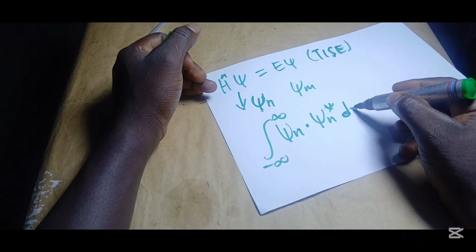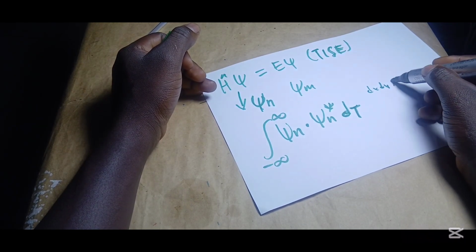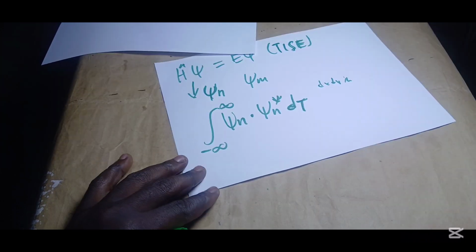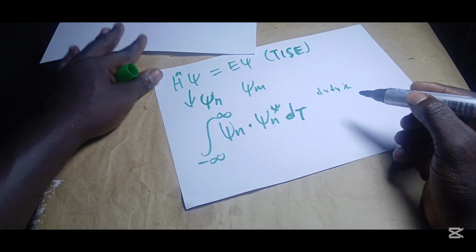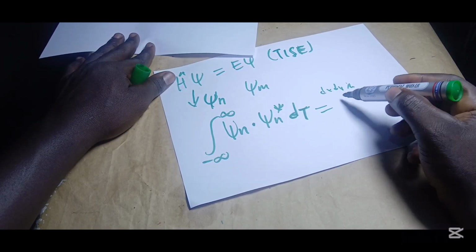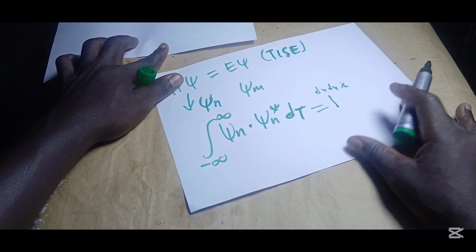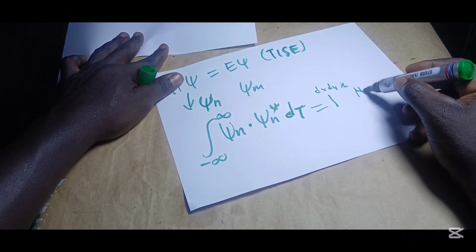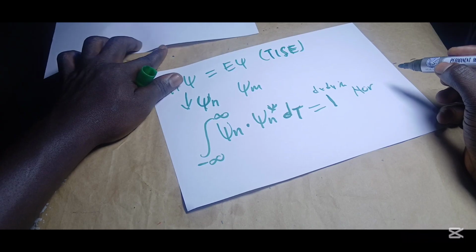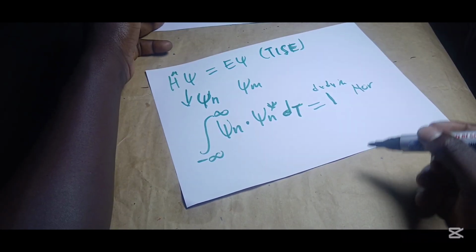This is the volume element, which can be the x, the y, the z, and so on. If we evaluate this and the result is 1, it means this wave function is normalized. 1 means 100% probability of finding the particle within the space.